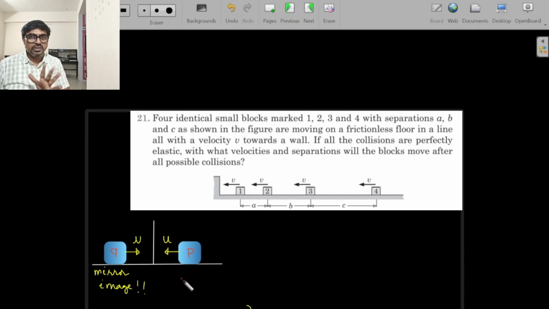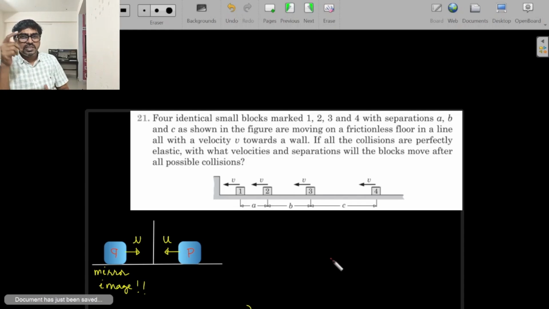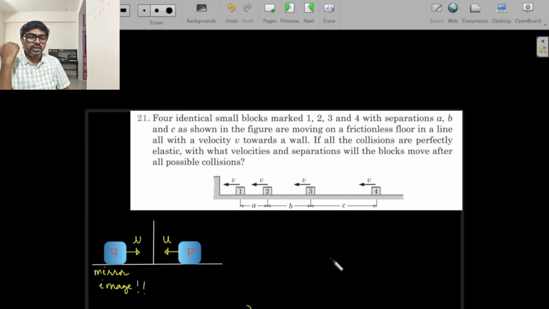This block collides with the wall and returns back with the same speed, but the same thing can be visualized as if this block goes into the wall and the reflection comes out. The same idea we'll use when we talk about waves also. When a wave is falling on a wall, we'll use this idea for the reflected wave. So this is one strategy.